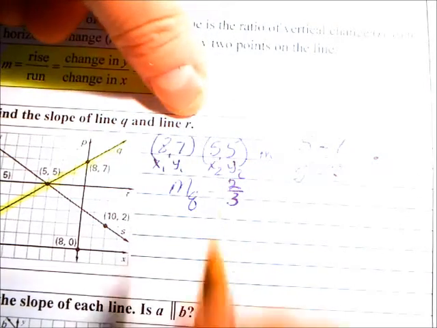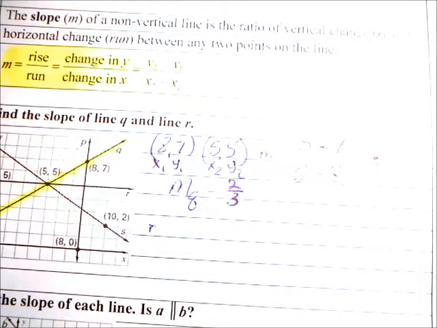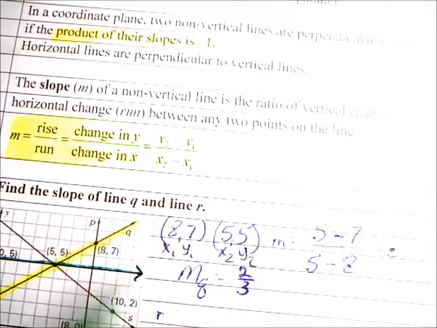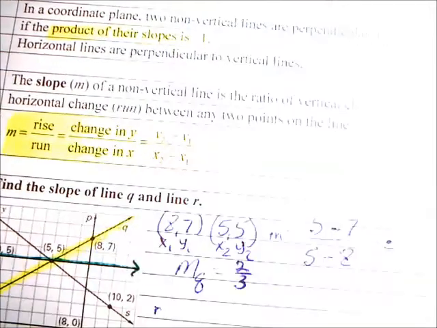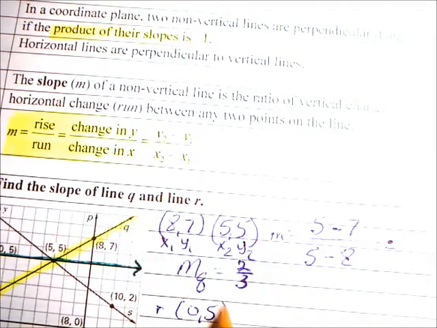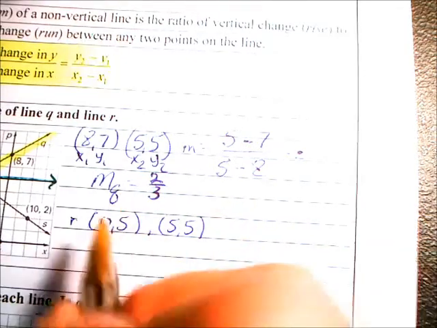And then they want me to find the slope of R. R was going in the other direction. Actually R is a horizontal line. The two coordinates on the line R are 0, 5, and then 5, 5. And if you don't remember what the slope of a horizontal line is, then we'll plug it into our formula.